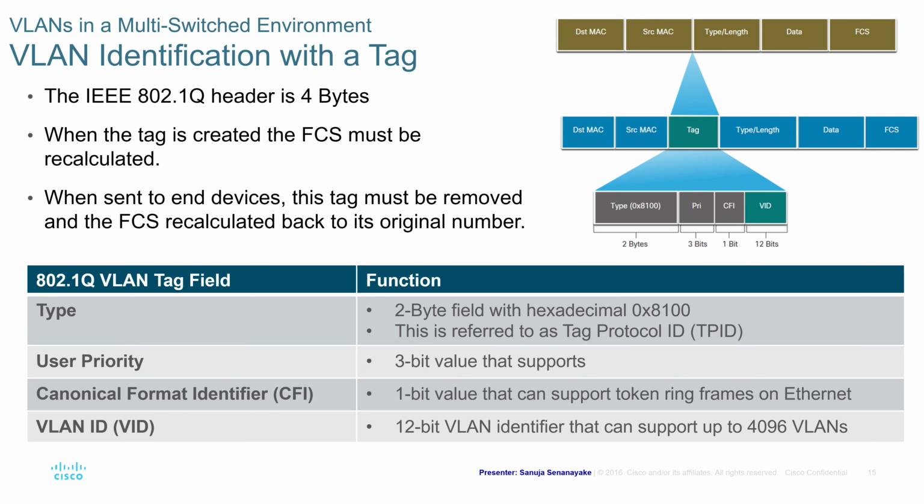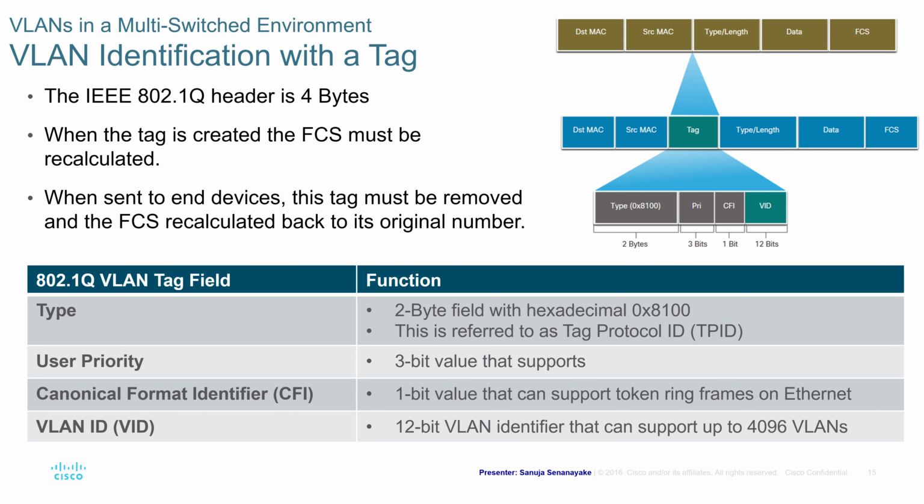In the 802.1Q VLAN tag field, we have the type, the user priority, the CFI or canonical format identifier, and the VLAN ID, which is the VID. The type is a 2-byte field with hexadecimal value 0x8100, and this is referred to as the tag protocol ID or TPID.